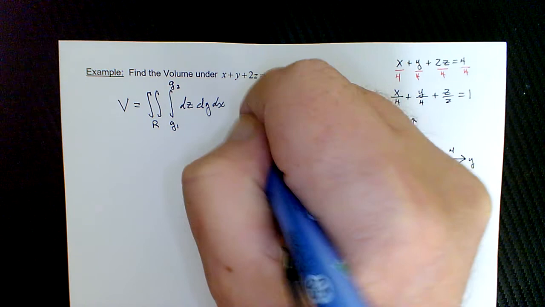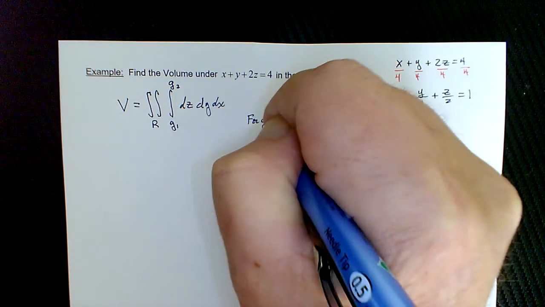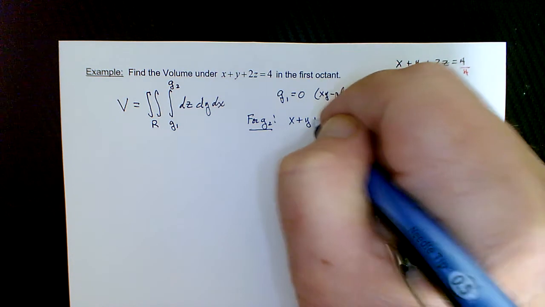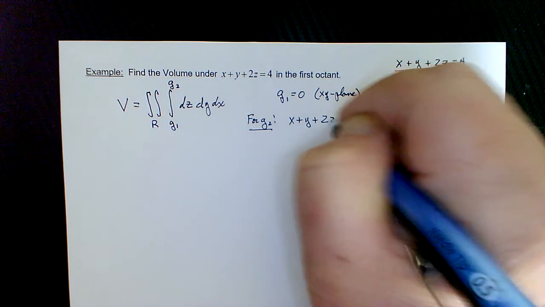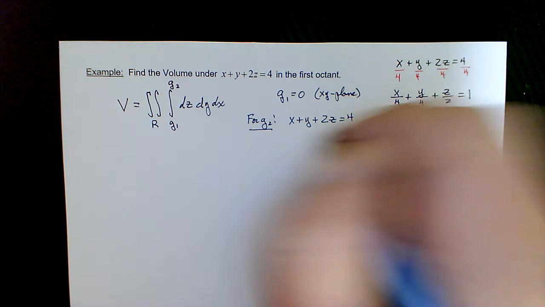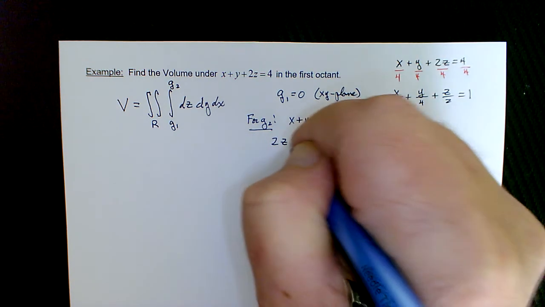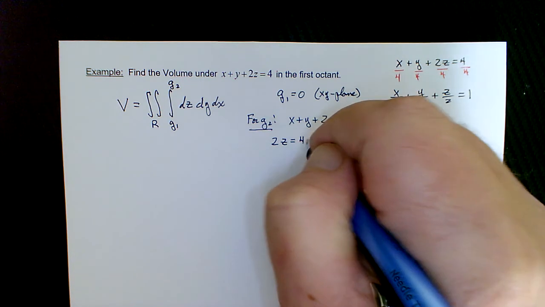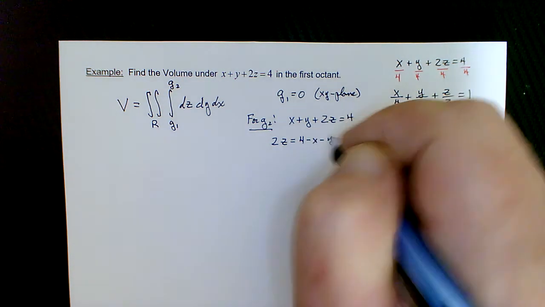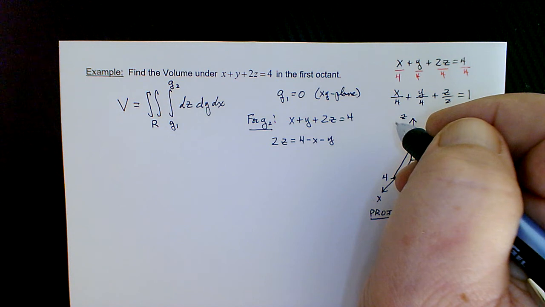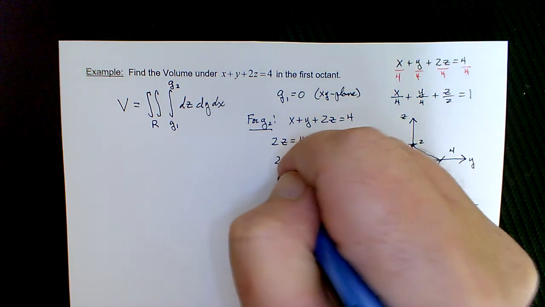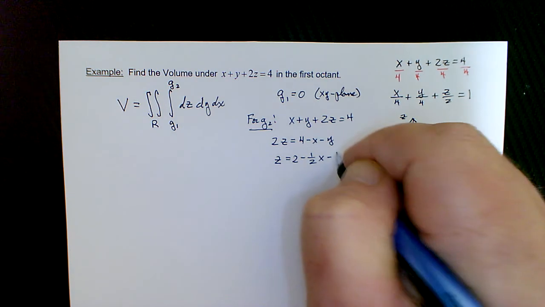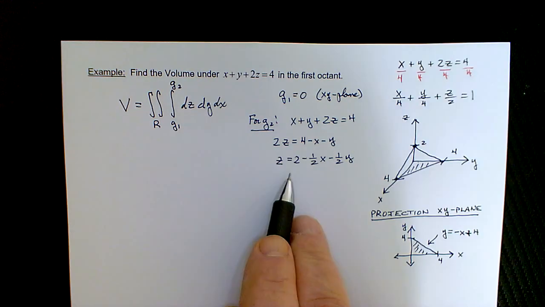So for g2, we have that x plus y plus 2z is 4, so therefore 2z would equal 4 minus x minus y, and then dividing everything by 2, we get z equals 2 minus 1 half x minus 1 half y. So that's going to be g2.